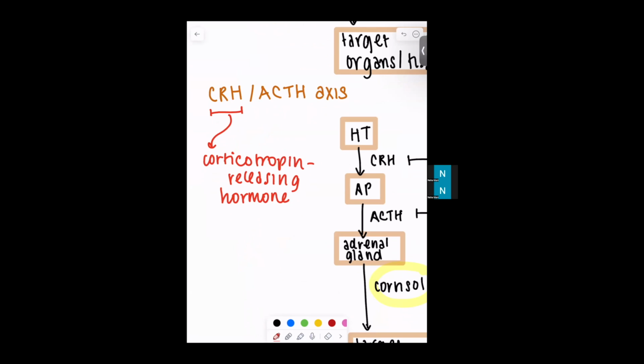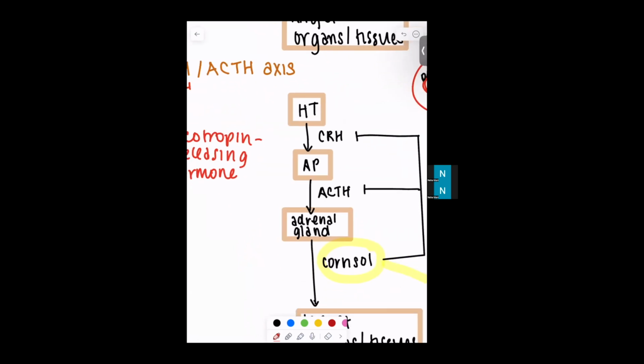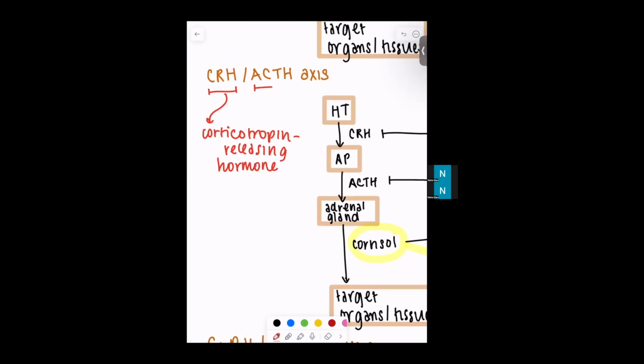And like I said before, it's a releasing hormone that the hypothalamus will release to the anterior pituitary and again will stimulate the production of another hormone. And this hormone is called ACTH. Its full name is adrenocorticotropic hormone.